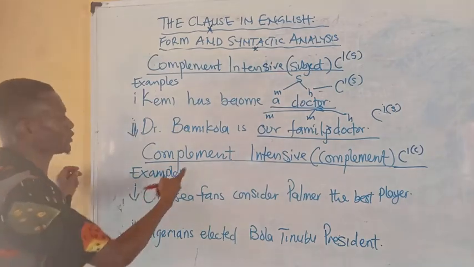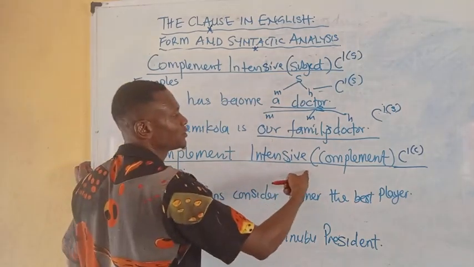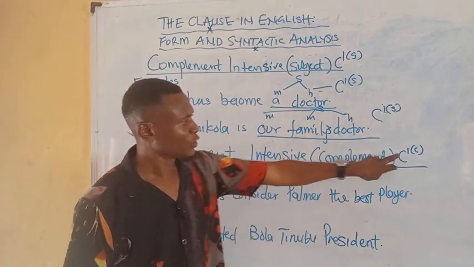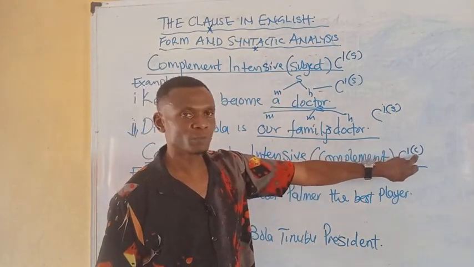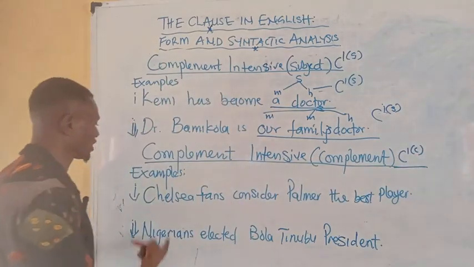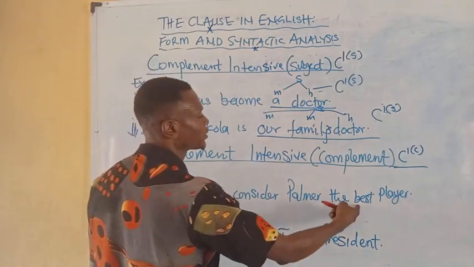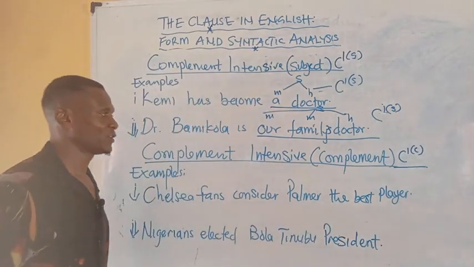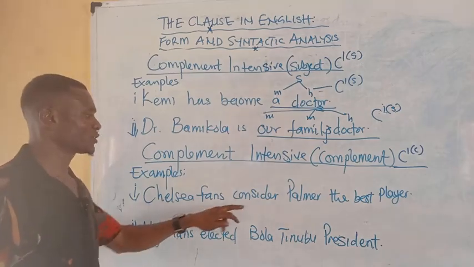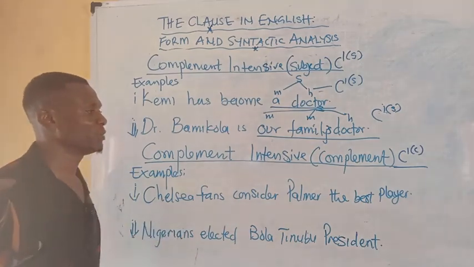The second one is complement intensive complement. Let's look at it. Chelsea fans consider Palmer the what? The best player. Chelsea fans consider Palmer the best player.